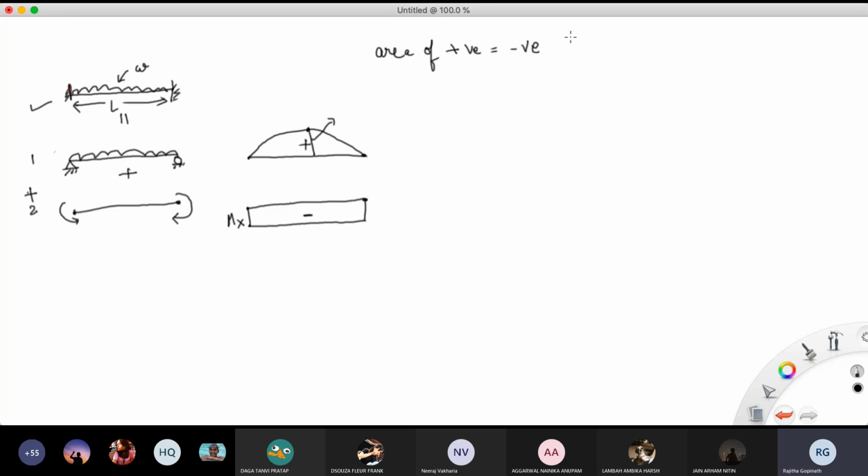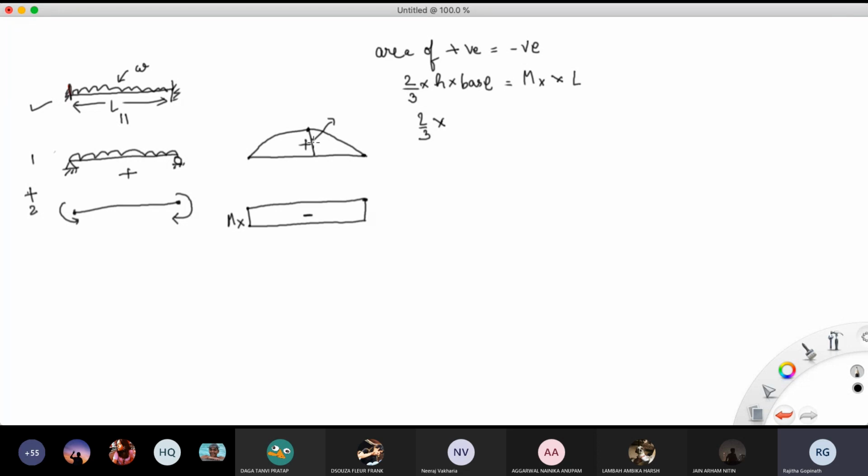What is the area of a parabolic curve? Two by three, okay, and h into the base. Base is L, equal to whatever is Mx into L. So 2 by 3, h is WL square by 8.